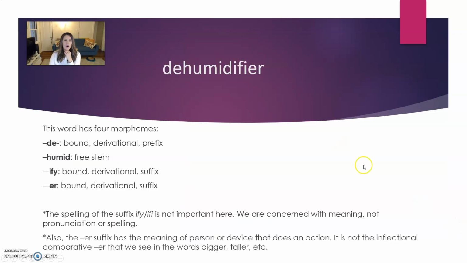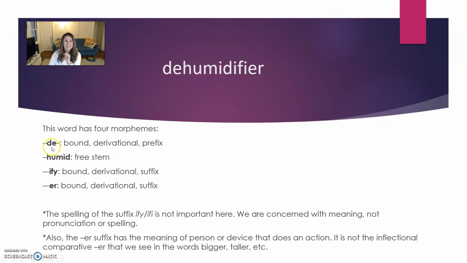All right, so this is similar to what you will be doing in this assignment here. You'll be given a word and you're asked to break it down into the different morphemes and then identify the type of morpheme. So in this case, you have the word dehumidifier. This word has 4 different morphemes, right?